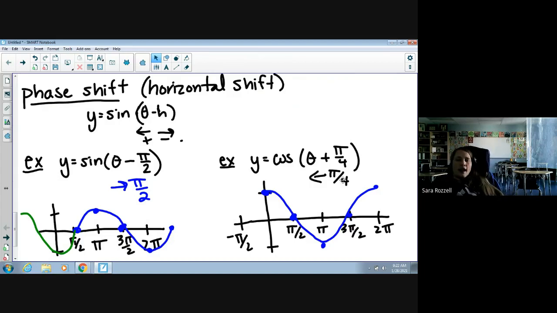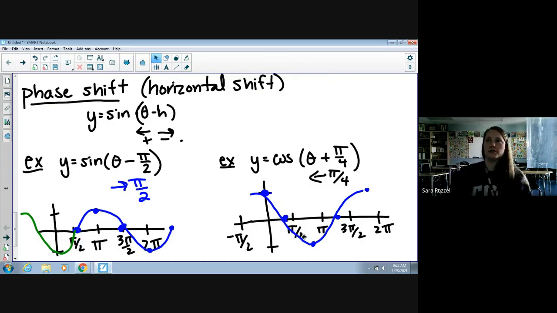And we are shifting pi over 4, which is halfway between 0 and pi over 2, right? That's just like 45 degrees. So we're not going all the way to this negative pi over 2. We're just going halfway there. So all of my points got shifted pi over 4 to the left. So halfway between 0 and pi over 2.